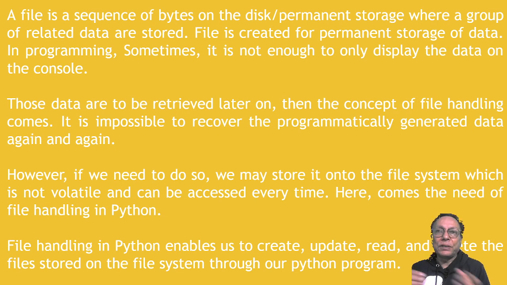So whatever you save in RAM goes away when you change the program or shut down the system. And when you load the system again, the RAM is clear and blank.